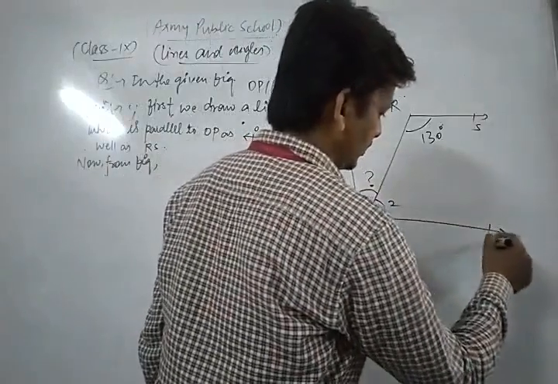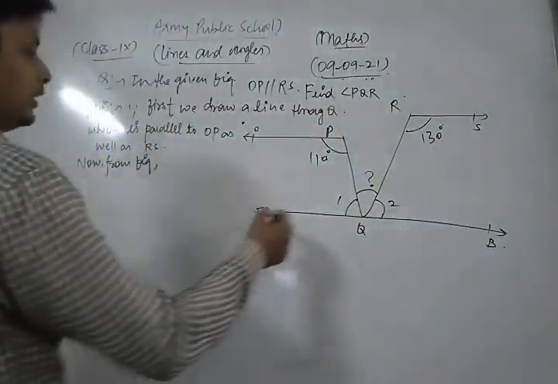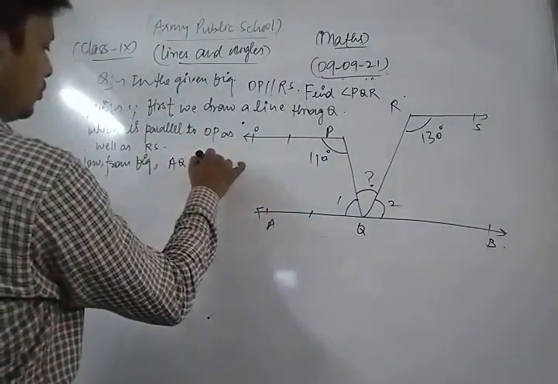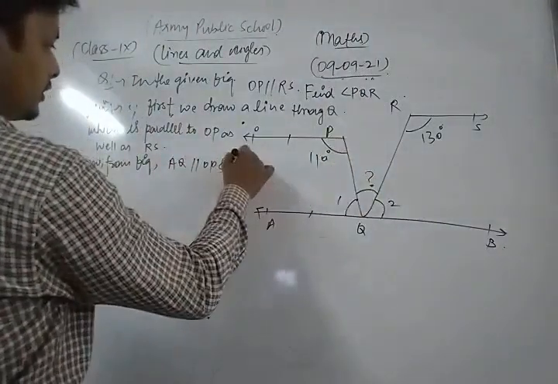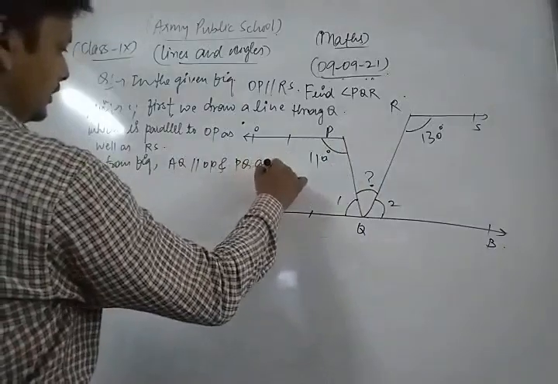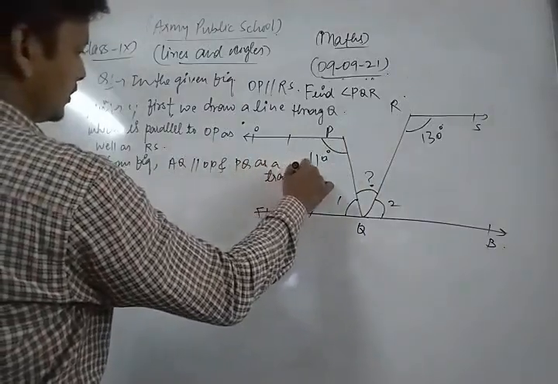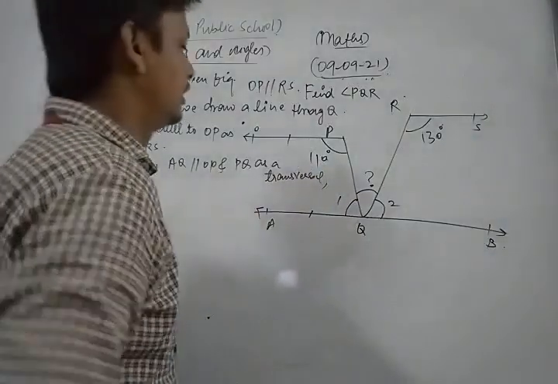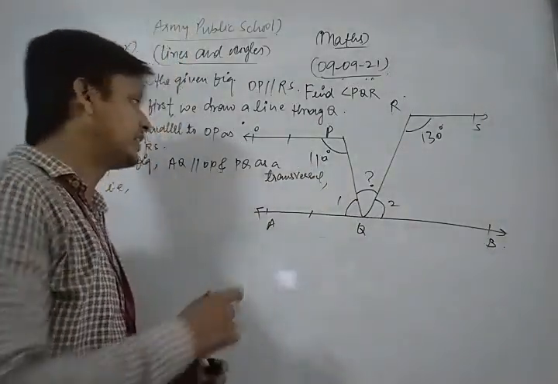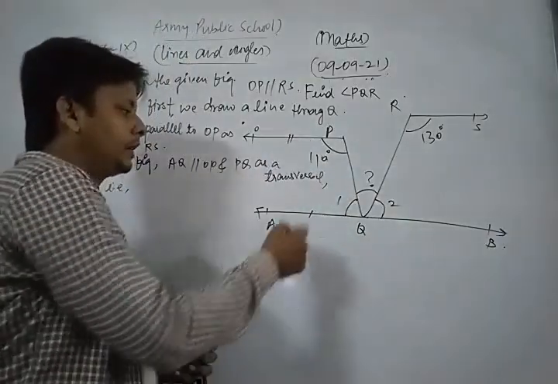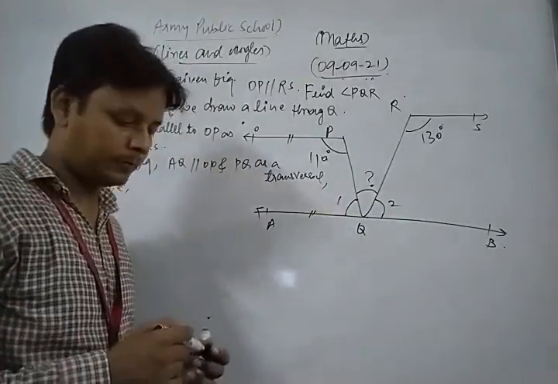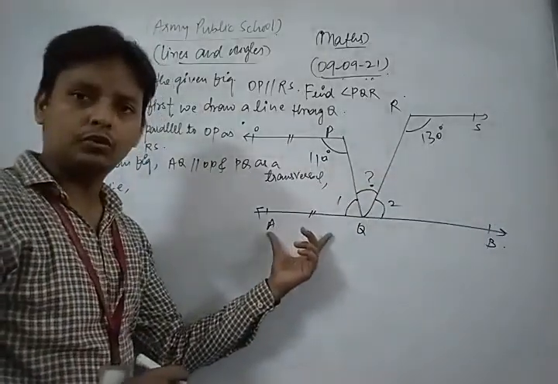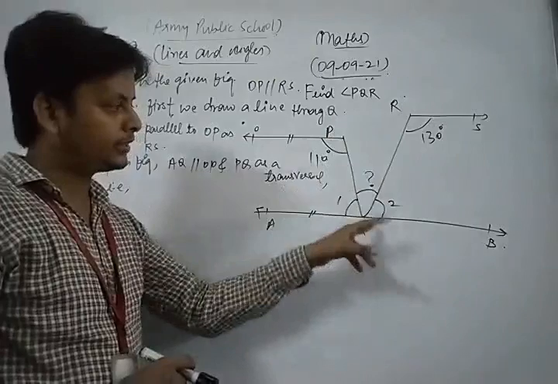This is AB. First we take AQ parallel to OP, and PQ as a transversal.